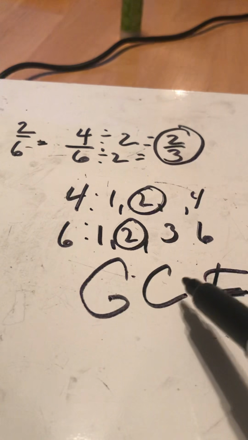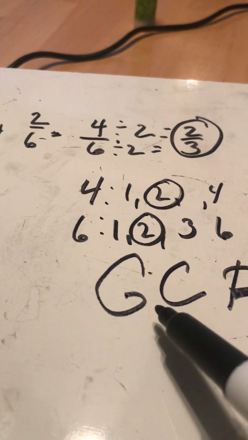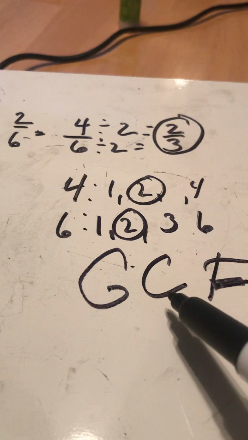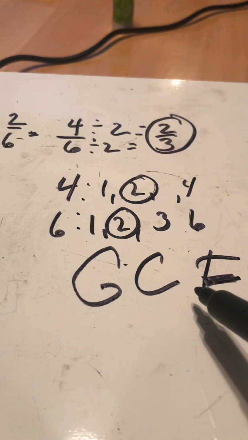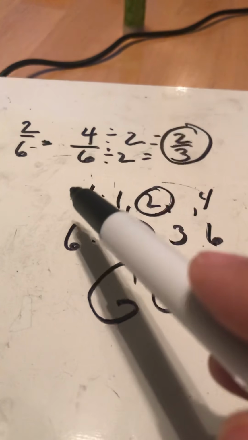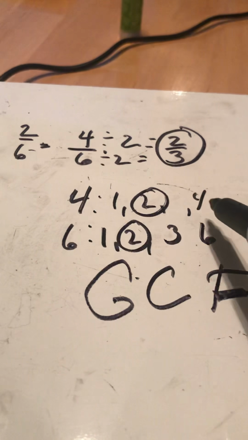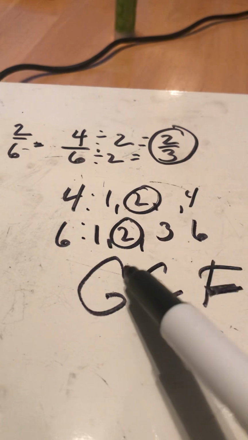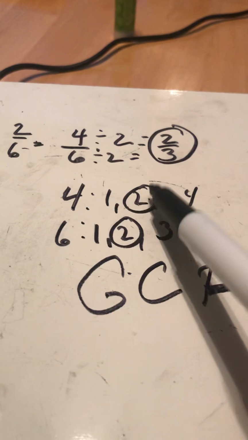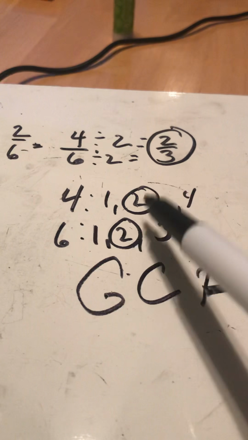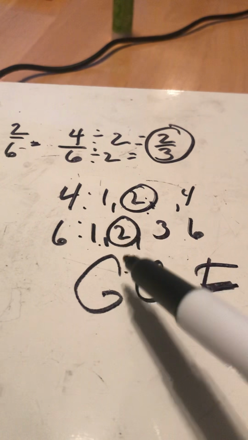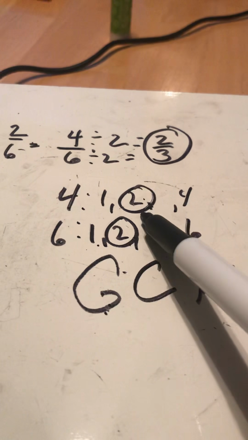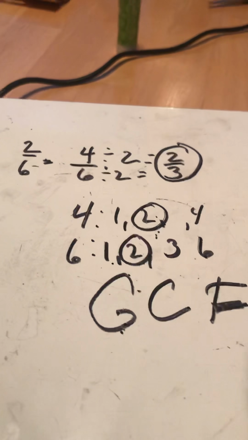Greatest meaning largest, common meaning what do they share, factors are how we make a number. So we said, how do I make 4? 1 times 4, 2 times 2. How do I make 6? 1 times 6, 2 times 3. The greatest one that they share is, of course, 2. They also shared that 1, but we're looking for the greatest, which is 2 here.